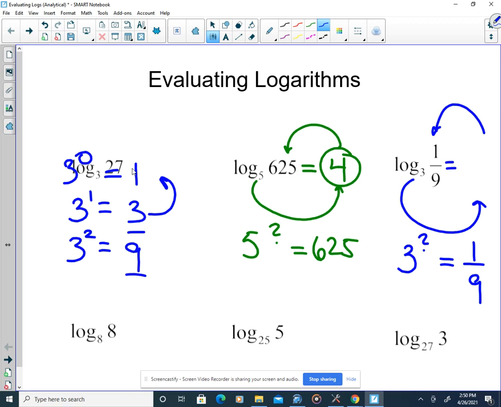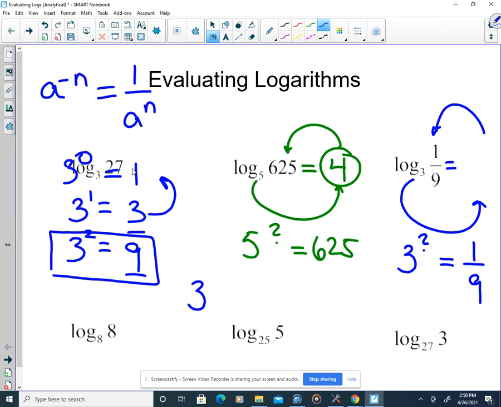But remember, we have a rule that says if you have a to the negative n power, if you have a negative exponent, that turns your power into a fraction. It makes it 1 over a to the n power. So right here, we have 3 to the second is 9.